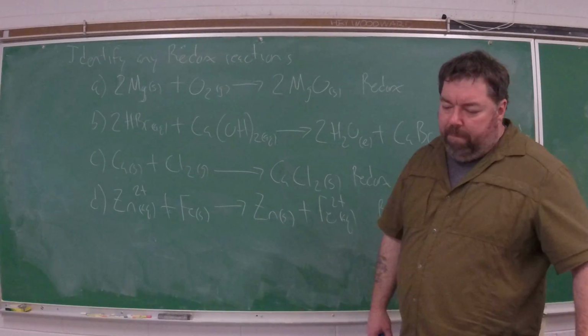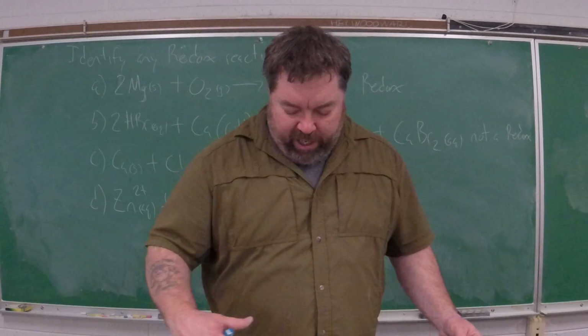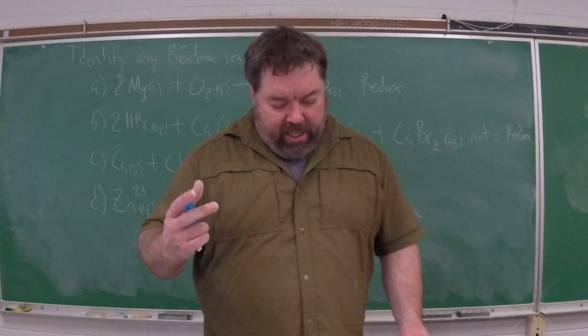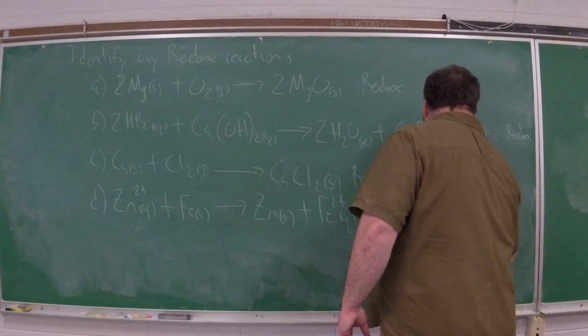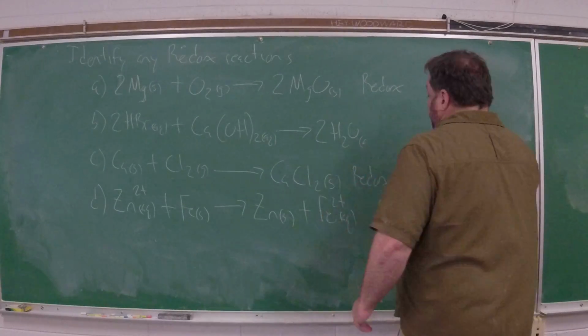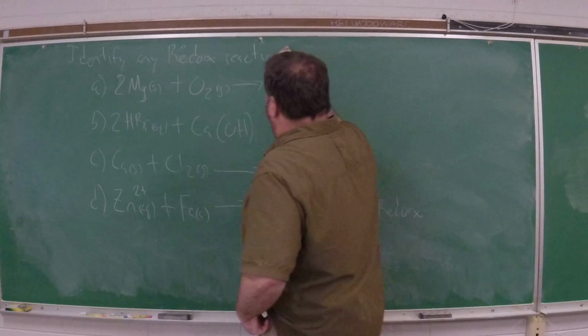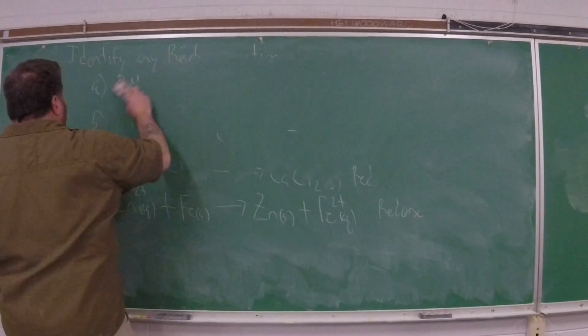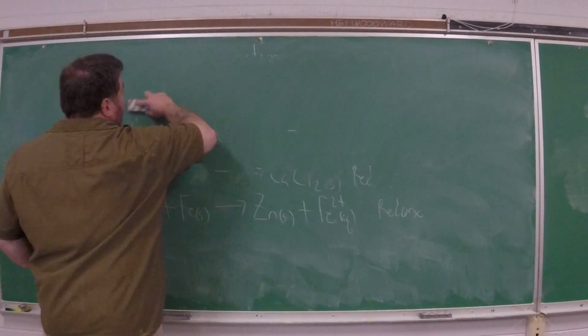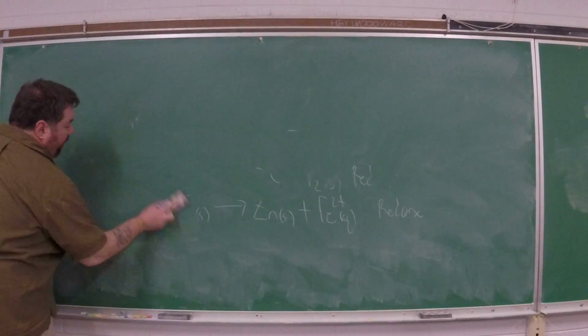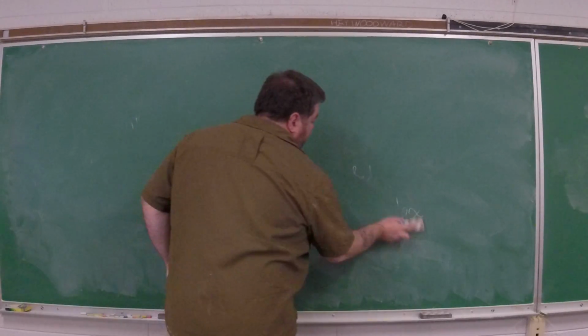Got one last part. Classifying chemical reactions, which is actually pretty straightforward. We're going to have 4 basic types of reactions. There's more than that technically, but for our purposes in this class, we'd have 4.